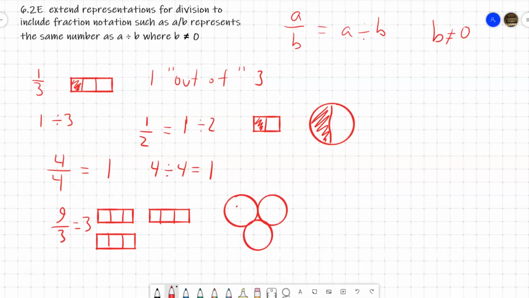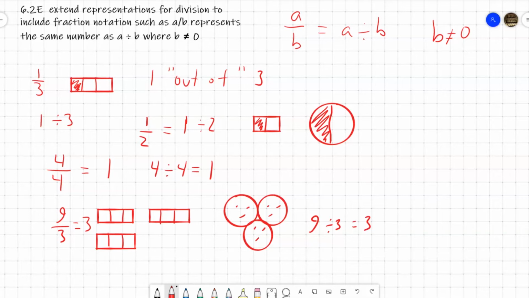So 1, 2, 3, 4, 5, 6, 7, 8, 9. There's 3 in each group. So 9/3 is 3. Or I could say 9 divided by 3 is 3. So 9/3 and 9 divided by 3 are the same thing.